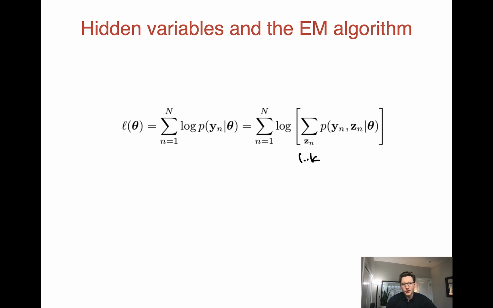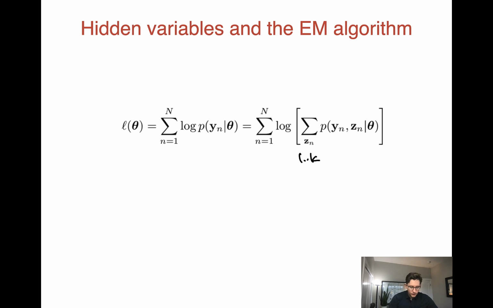By the way, you could try just evaluating the likelihood, not the log likelihood. If you get rid of the log, then you've got a sum here, but then you've got a product here, and that's going to be a big mess too. So trying to take the derivative of this thing and set it to 0 certainly isn't going to work. Even trying to use a gradient-based method is going to be really hard.